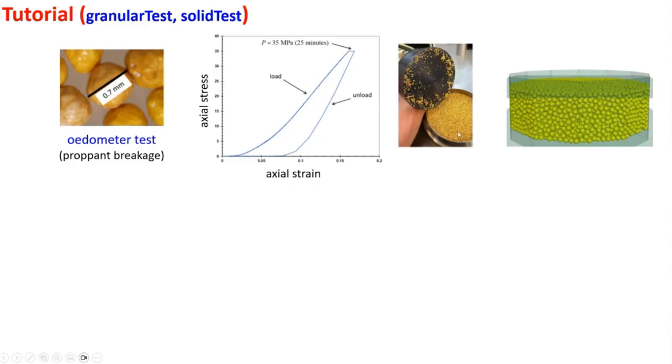And you put them in a rigid cylinder. The walls are very rigid and they don't expand. The idea is that they're not supposed to expand. And then you put a platen on top and you push. You measure axial stress by taking the force on the platen, dividing by the cross-sectional area. You measure axial strain.